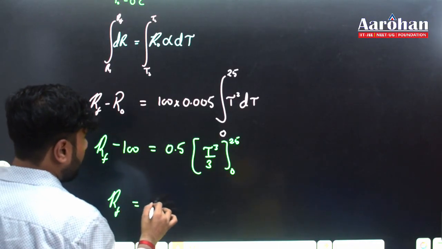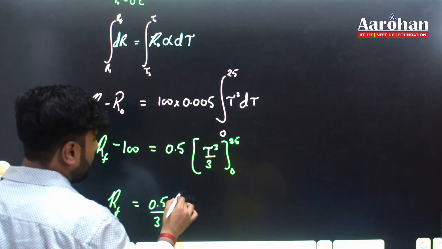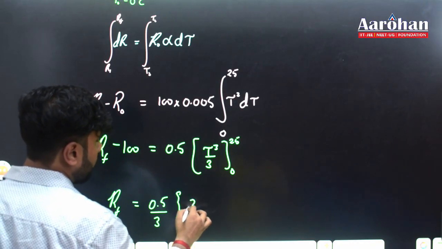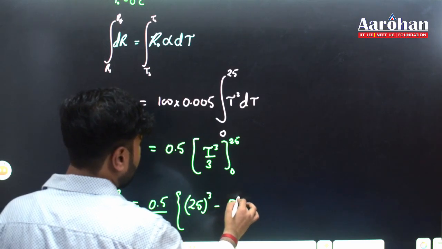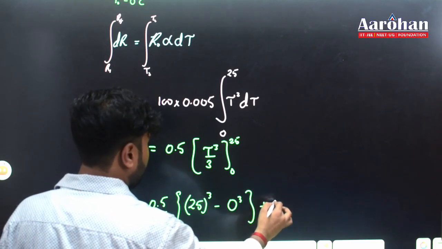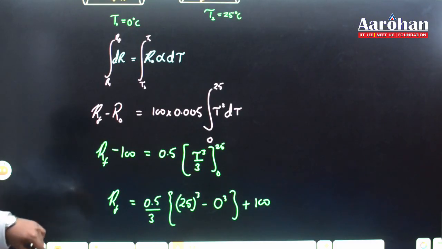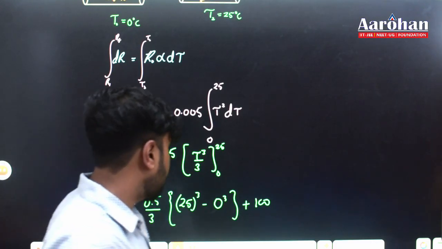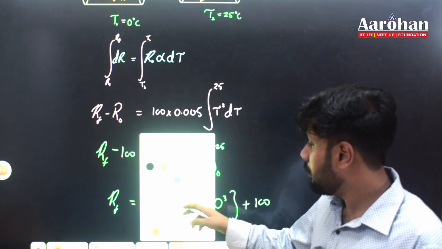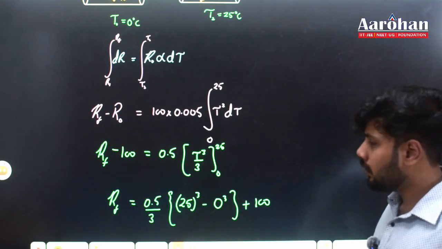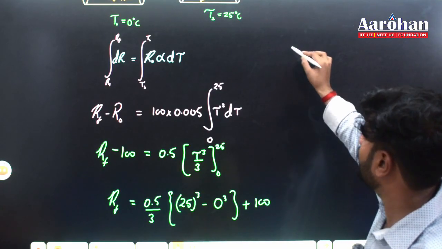So R_F will be 0.5, you can take the 3 outside, times 25 cubed minus 0 cubed, plus 100. That will be your resistance. If you evaluate, you will get your answer. Alright? Pretty easy. We can do this question pretty easily, nothing difficult in that. But I will give you a similar question; you can try it as homework.